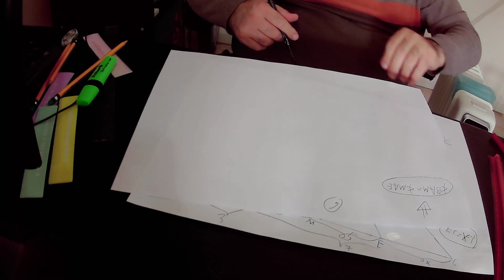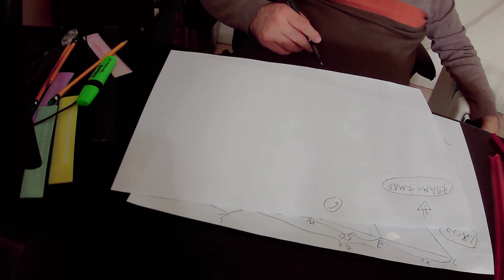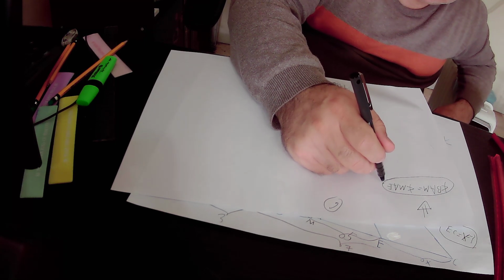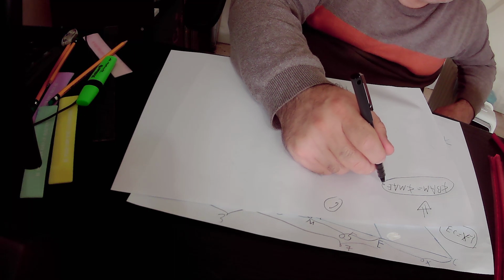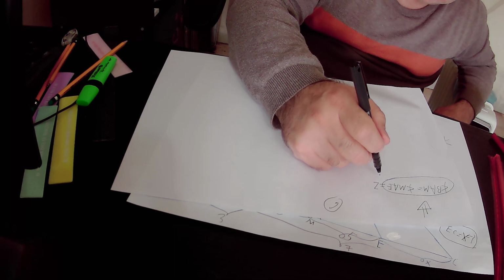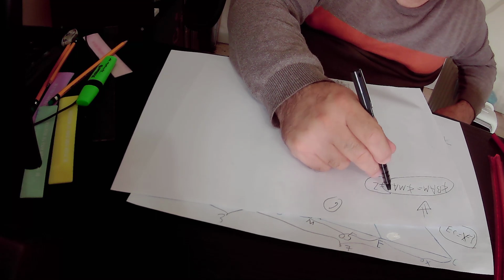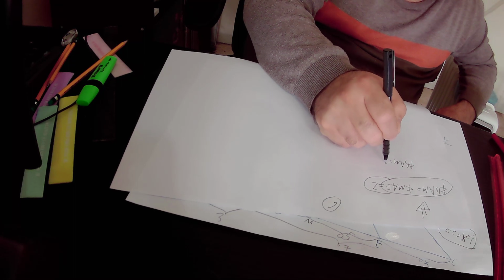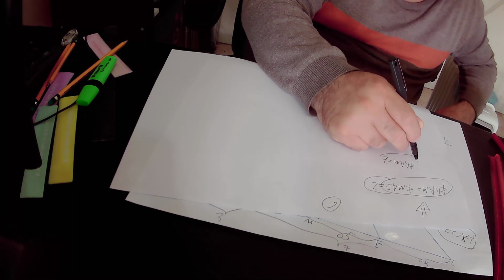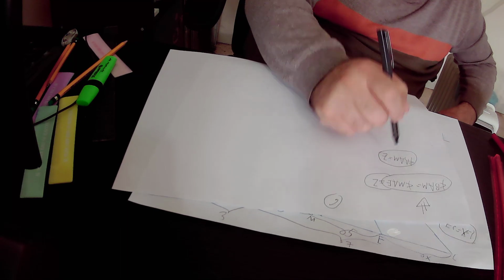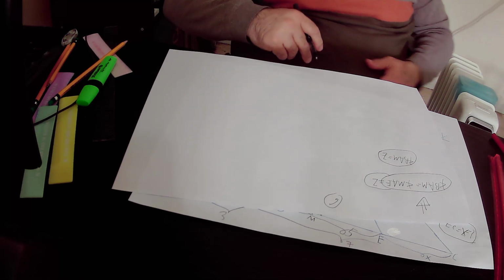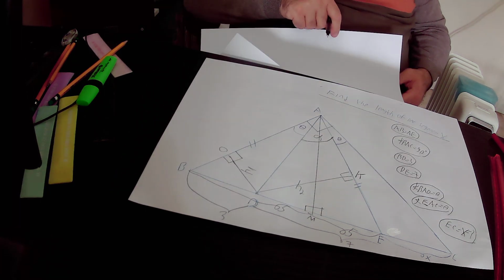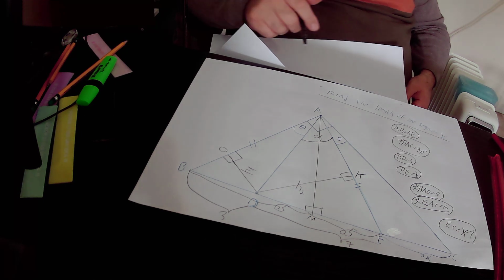So, if we define angle MAE as Z, then from this equation we will conclude that angle BAM is also equal to Z. And what is the value of angle BAE?